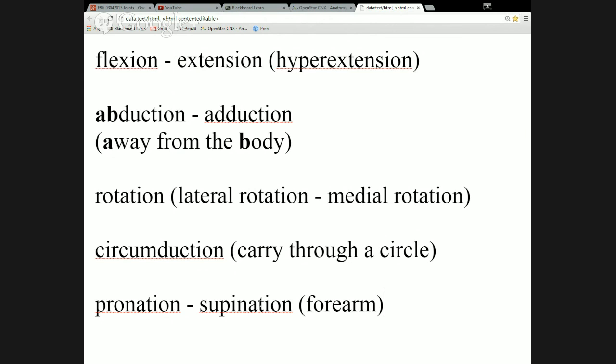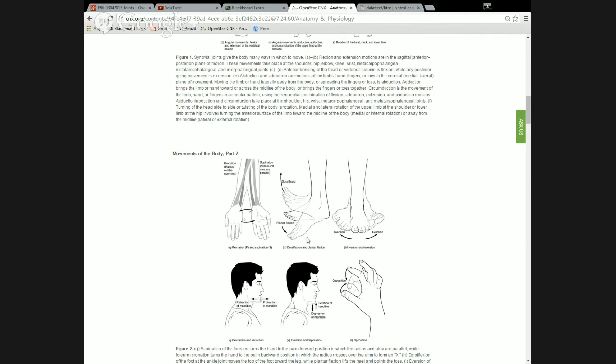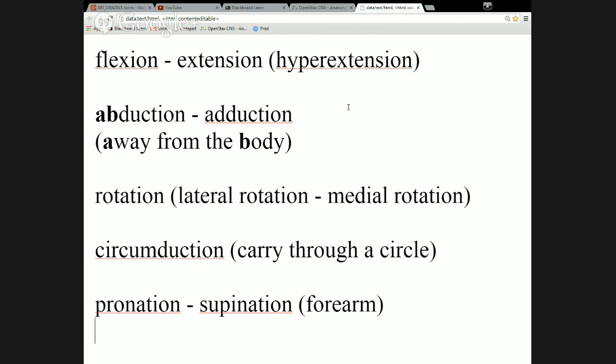Pronated, the radius and ulna are crossed over. That's what it's about. For the foot, it's actually a combination of movements that this podiatrist was telling me about. But it's partly these movements here that are highlighted in the picture. And the foot just has some special terms for it.